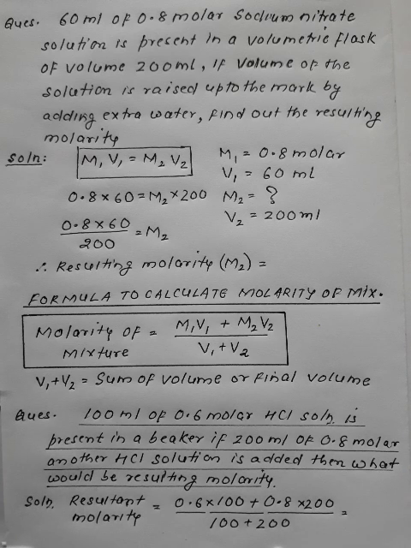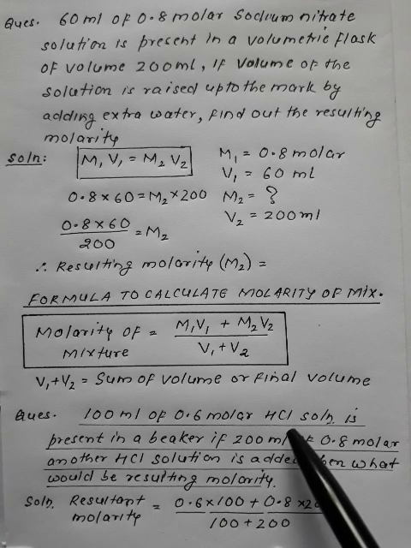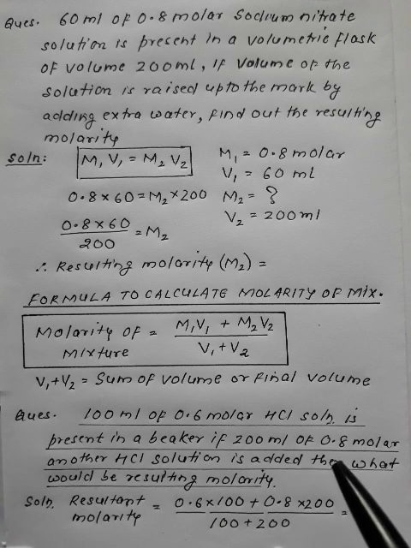So we have two solutions. One solution is of HCl, and the other is also an HCl solution. We are keeping the two solutions of the same kind, either two acids or two bases. If we react an acid and a base, then there would be a reaction. So we are taking a mixture of two acids or two bases.